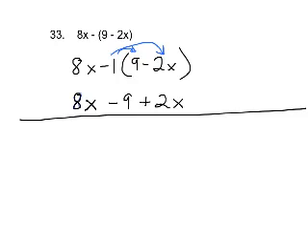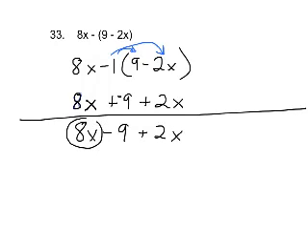If we see all these numbers as added together, because 8x minus 9 plus 2x, when we subtract in algebra, we always change our operation to a plus, and then make the number being subtracted the opposite, which is the same thing it was before. 8x minus 9 plus 2x. You see, it's still a negative 9. So we could see each of these terms as being added together.